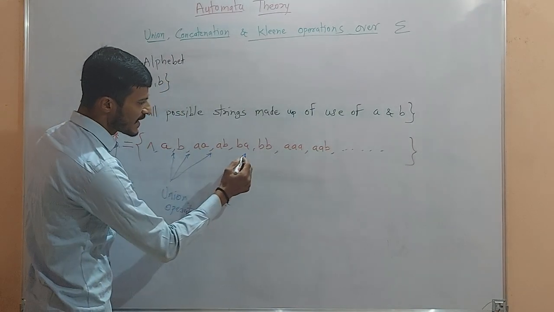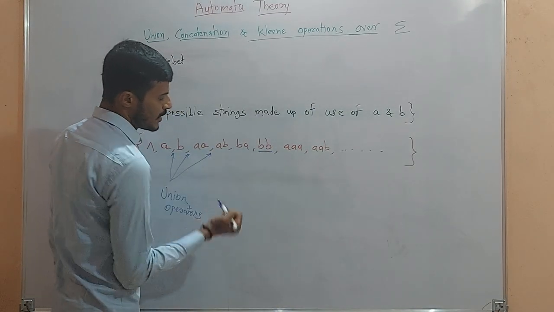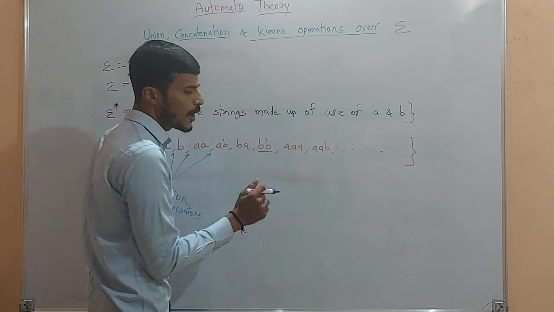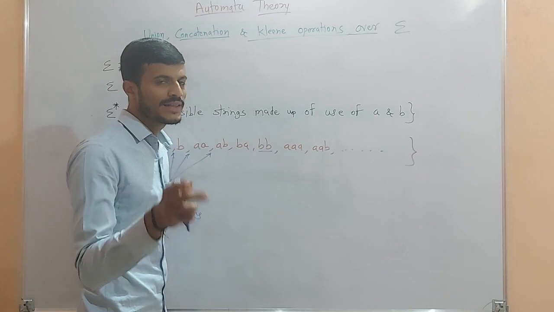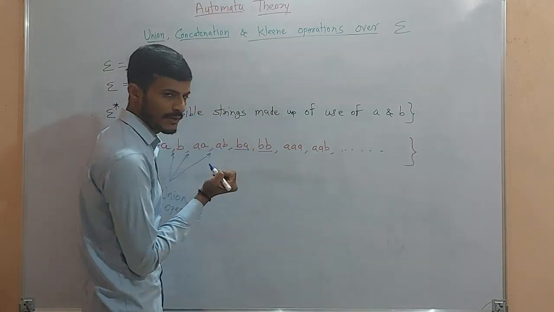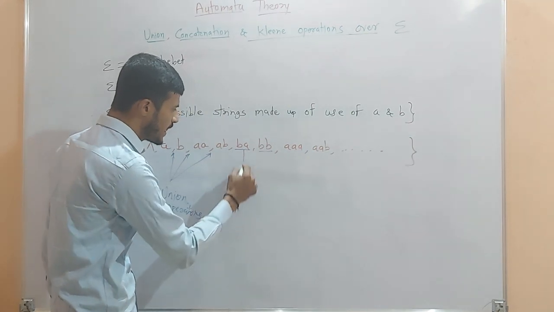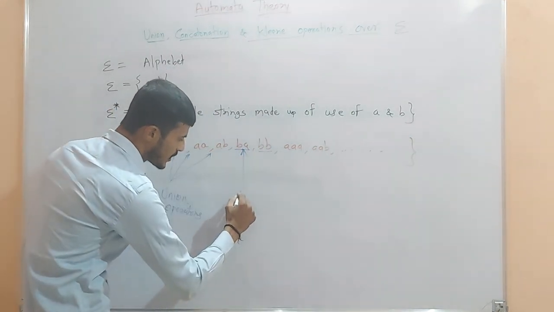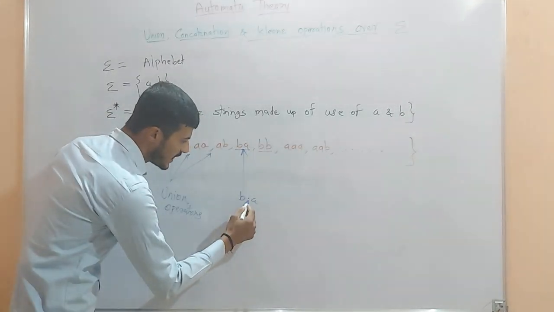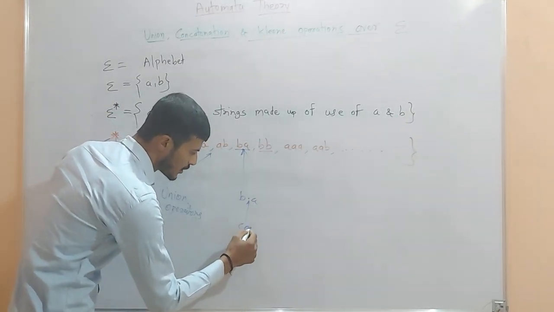If I take this BB, it is made up of the symbol B with concatenation. Or in the case of BA, this BA is nothing but B dot A. And this contains the concatenation operation.